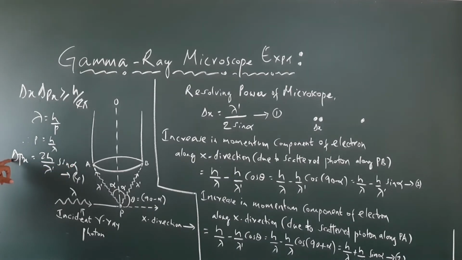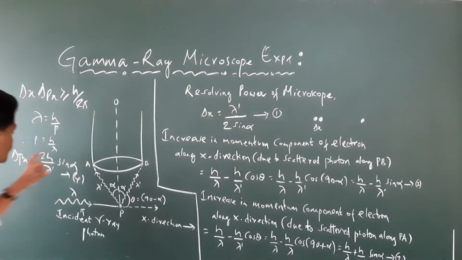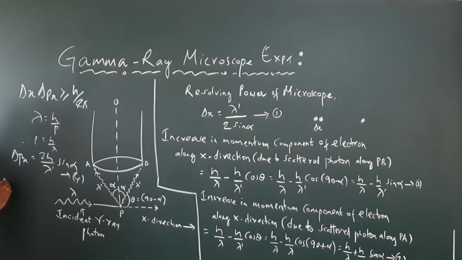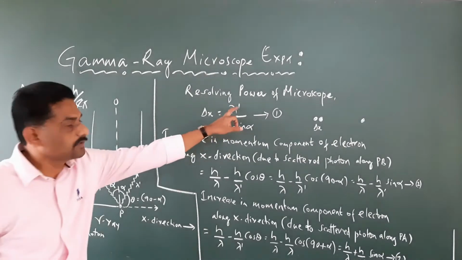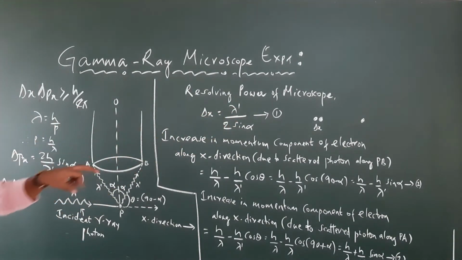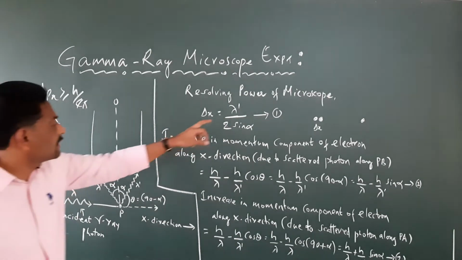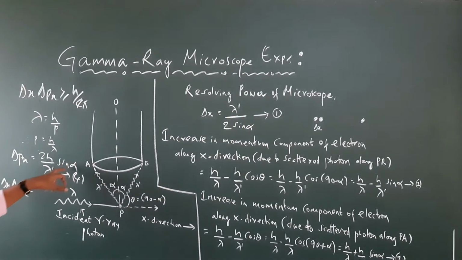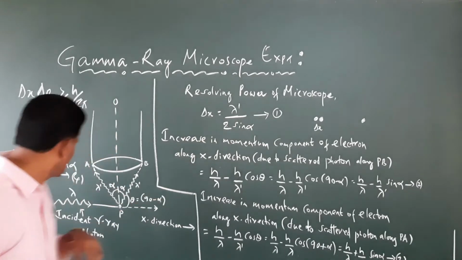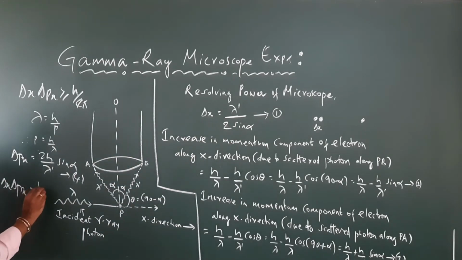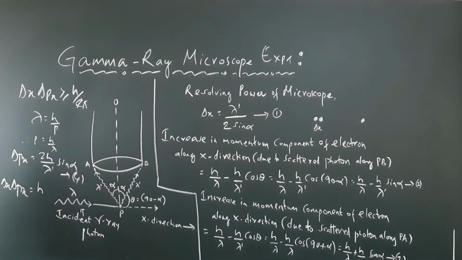If we take the product of delta x into delta px, what's going to happen? 2 and 2 are going to get cancelled, lambda dash and lambda dash are going to get cancelled, sin alpha and sin alpha are going to get cancelled. We are left with only h. So delta x into delta px is equal to h.